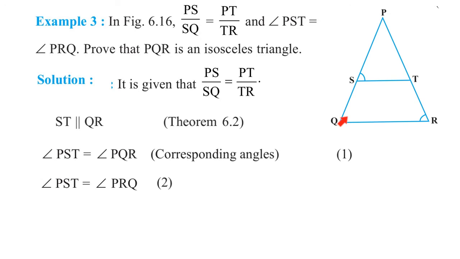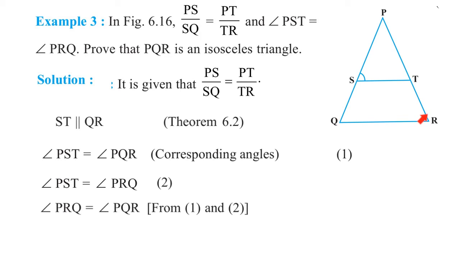We have proved it in equation 1. So can I say that this angle is equal to this angle? I can. So angle PRQ is equal to angle PQR. These two angles are equal.